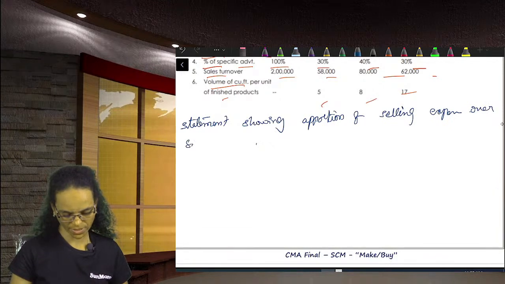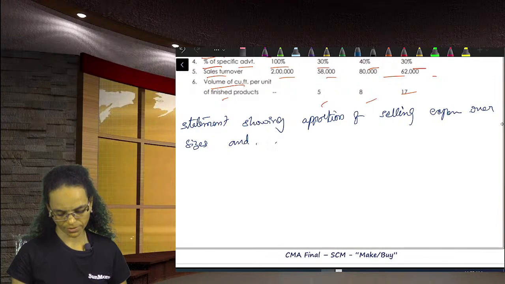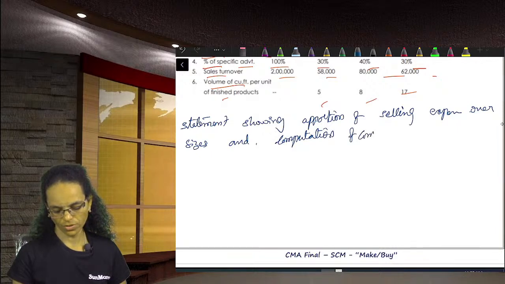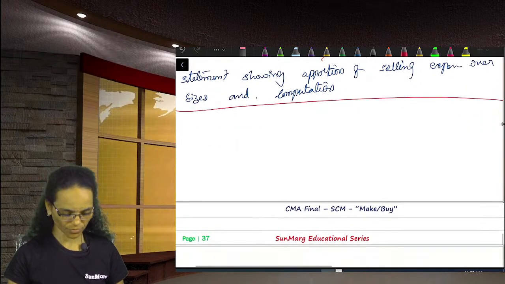Over sizes, we have three sizes, and computation of cost per unit and percentage of sales. This information you need to write in the examination.